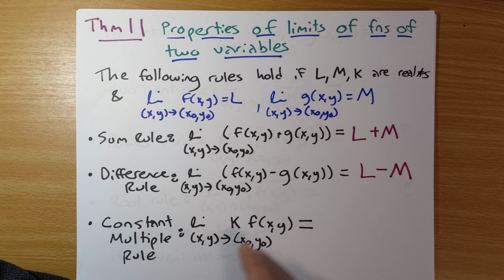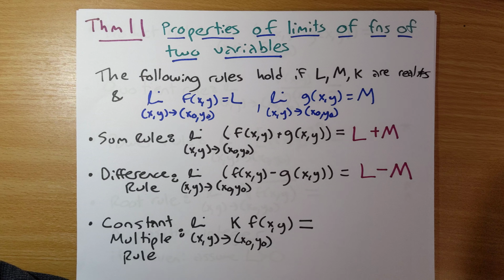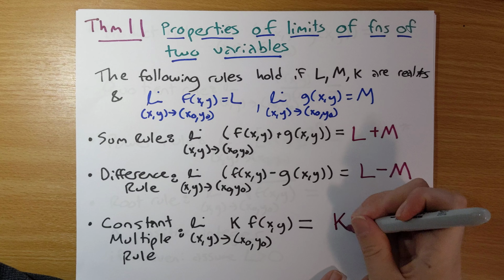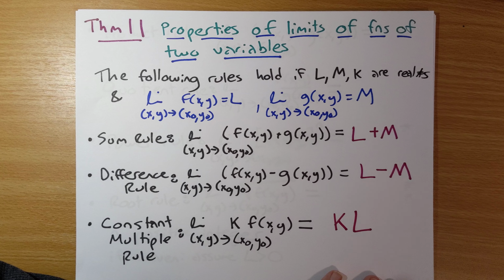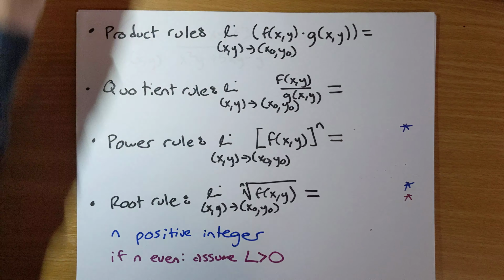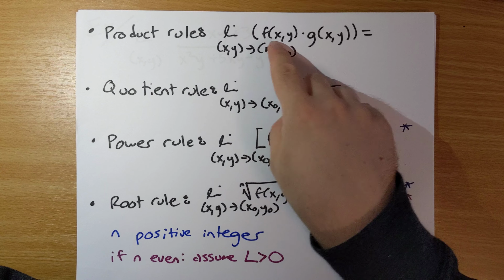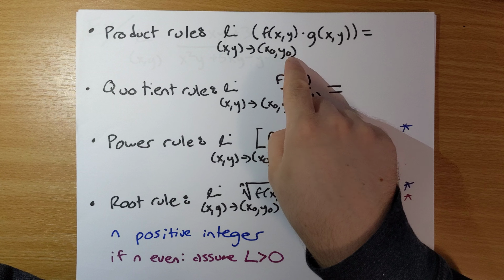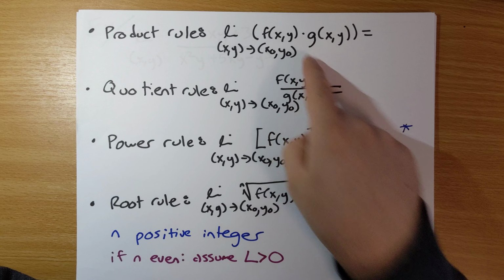Constant multiple rule: if we take the limit as (x,y) goes to (x naught, y naught) of k times f(x,y), we simply multiply our limit by k. Product rule: the limit as (x,y) goes to (x naught, y naught) of f times g.